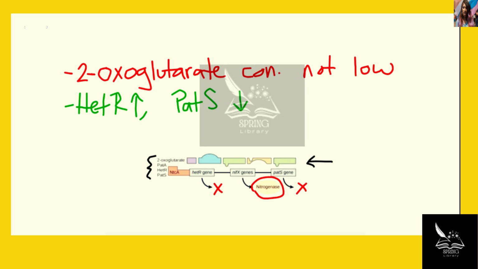And then we're also told in the last statement that patS concentrations are high when the nifX genes are not transcribed, but the nifX genes are being transcribed because we have the nitrogenase. So it really is repeating part of the previous statement that tells us that the patS is low. And you might be thinking, well, what about patA? That never gets mentioned. And so patA is actually not a transcription factor.